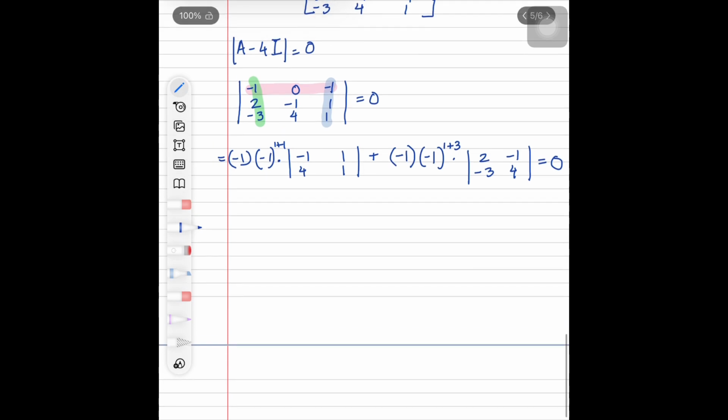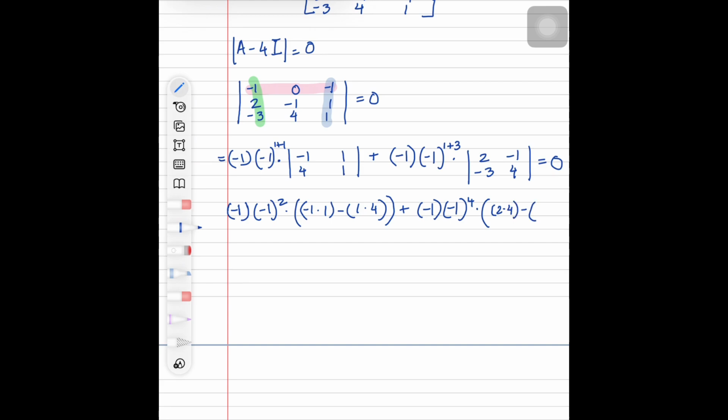So we'll be getting -1 times -1 squared times the determinant of this matrix, which would be -1 times 1 minus 1 times 4, plus -1 times -1 to the 4th power times the determinant, which would be 2 times 4 minus -1 times -3, equals 0.